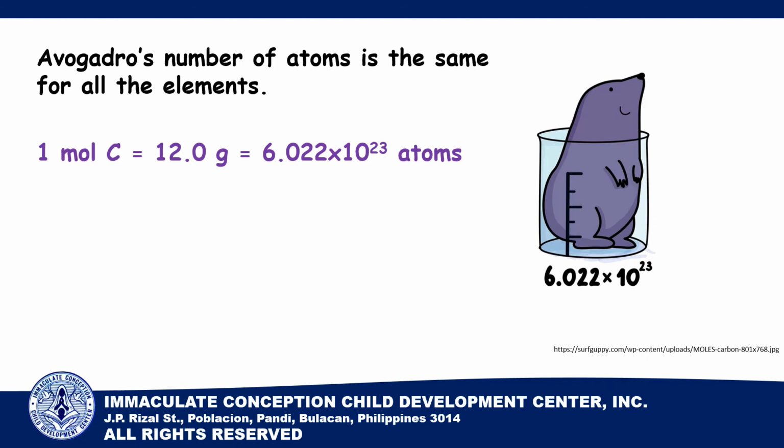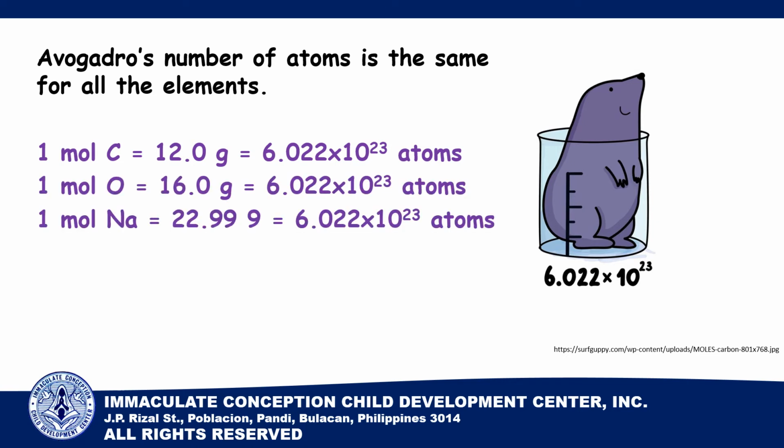That is, 1 mole of carbon is equal to 12.0 gram, that is equal to 6.022 times 10 to the 23rd atoms. Or 1 mole of oxygen is equal to 16 grams, that is equal to 6.022 times 10 to the 23rd atoms.